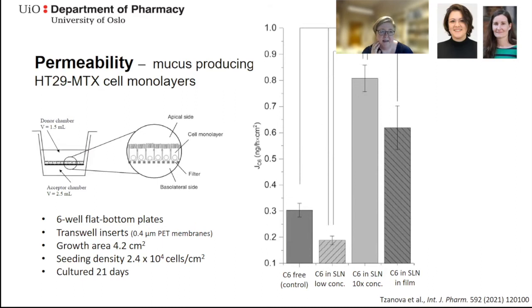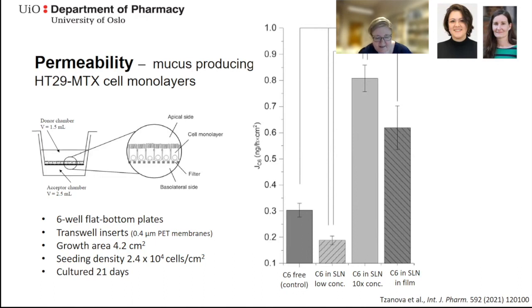And the HT29 cells are from colon cancer cells, and they are of course not the same cell type, but we thought it was interesting to use them nevertheless because they present a mucus layer on top, and we were interested in the permeability with respect also to the mucus layer.